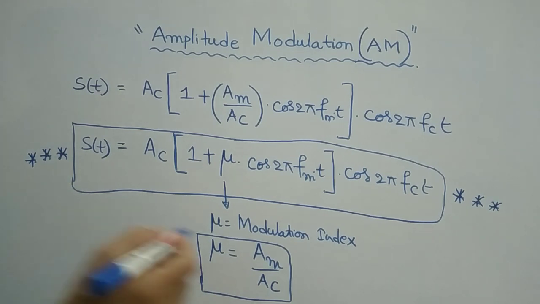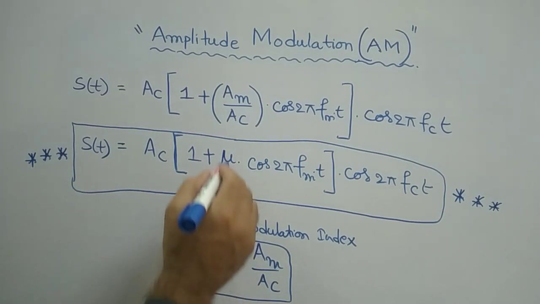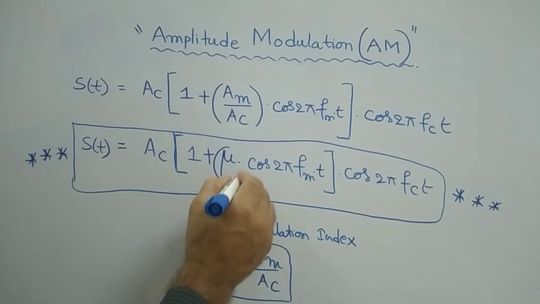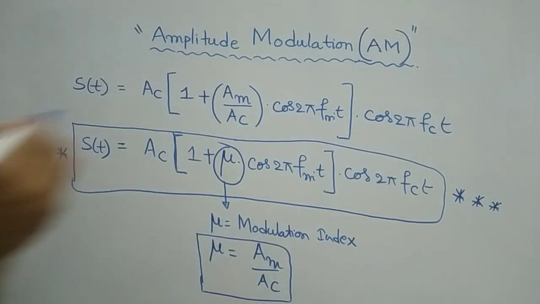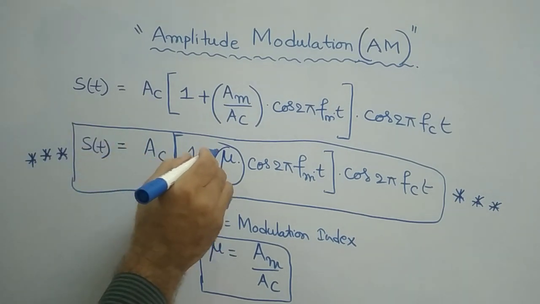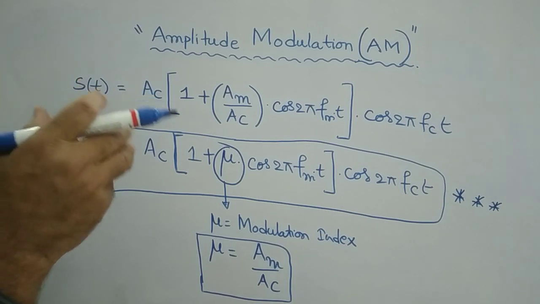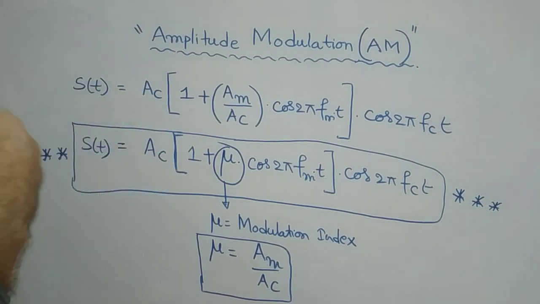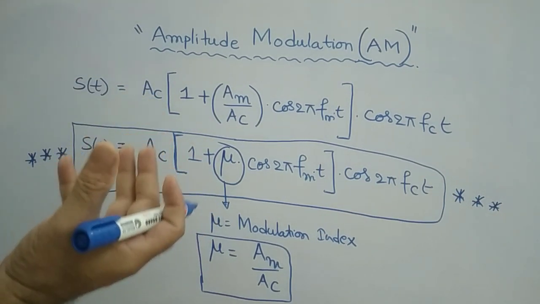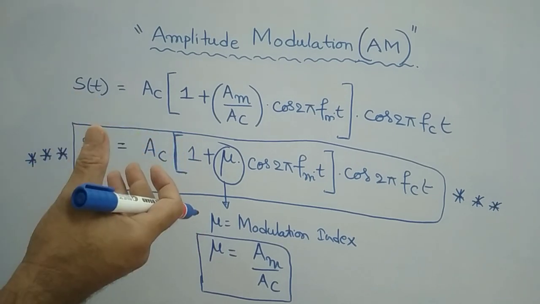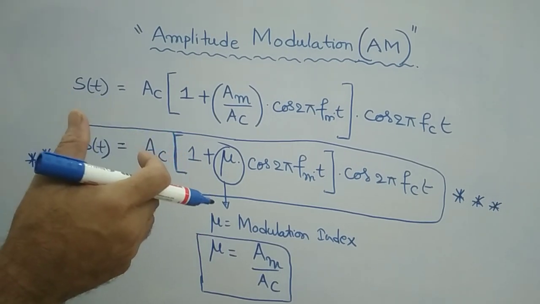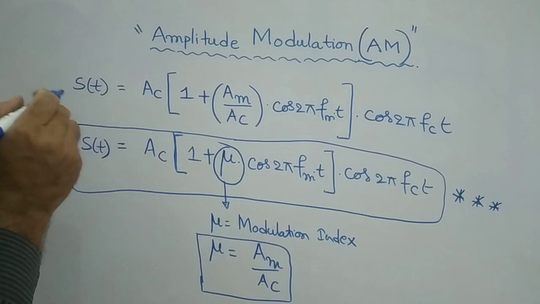So this is the modulation index, Am by AC, a very important parameter to describe the amount of modulation that has occurred.